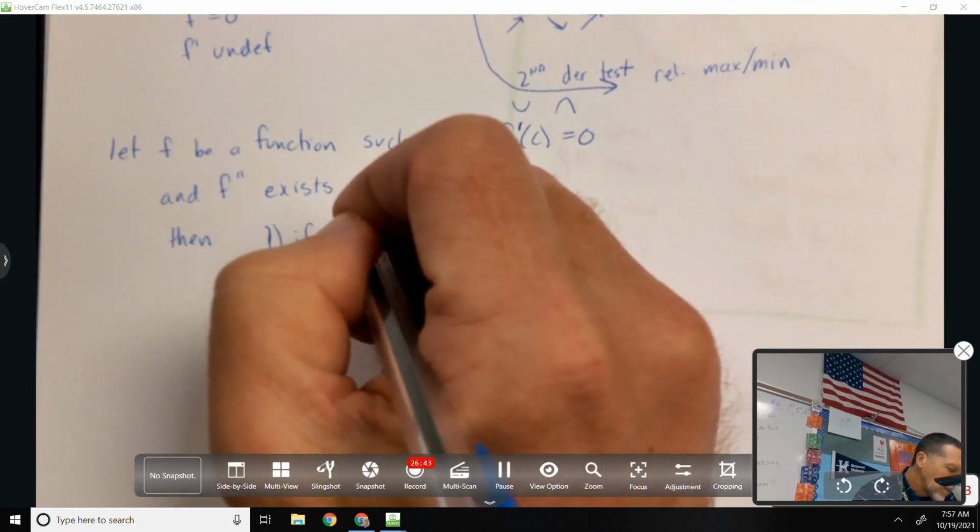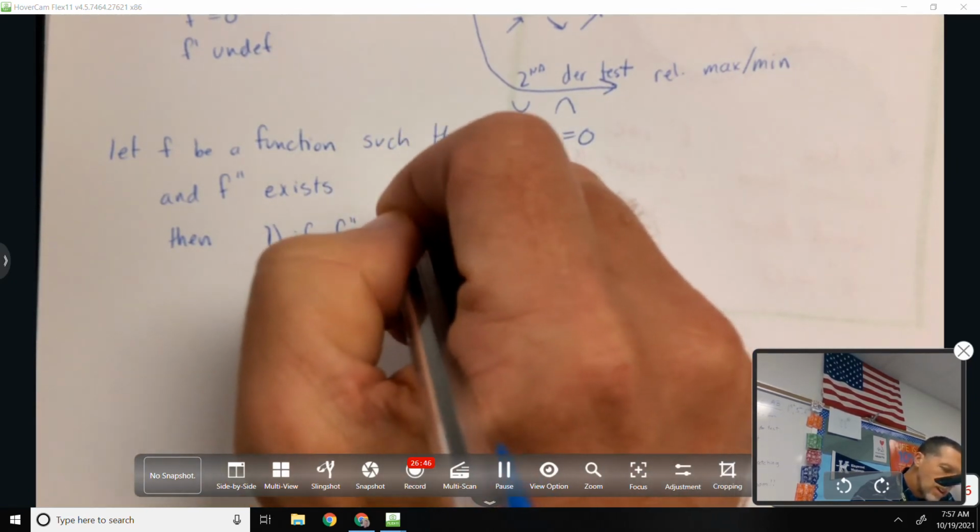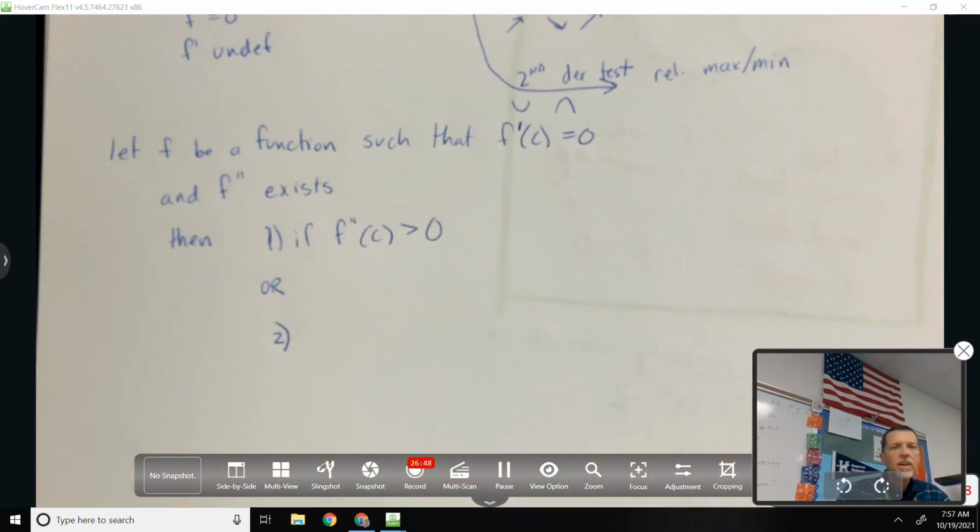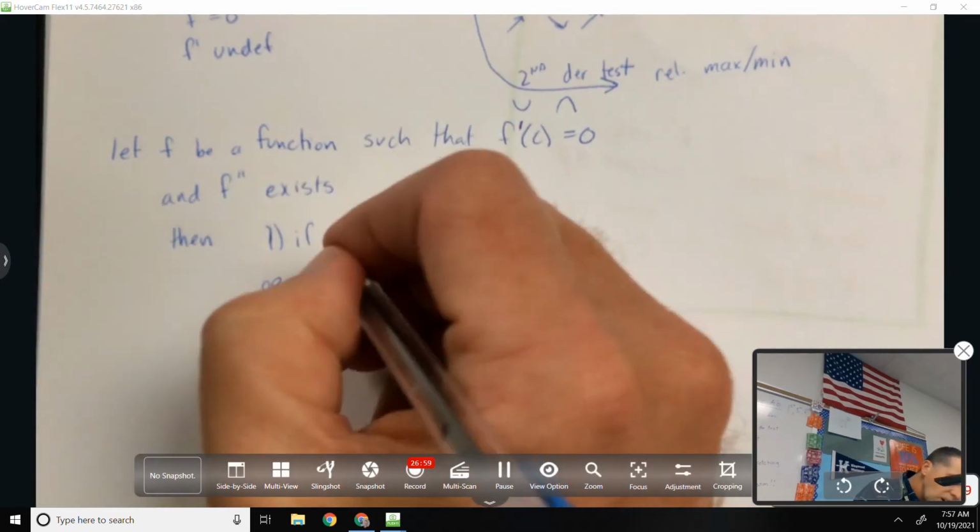If the second derivative is greater than 0, what does that mean about concavity? Concave up.